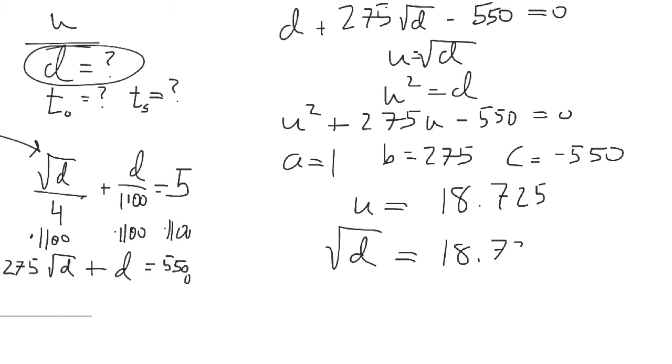So therefore the square root of d is equal to 18.725. Again, I'm ignoring the negative because we're looking for positive answers. D is equal to, therefore, when you square both sides, about 351 feet. That, my friends, is your answer.